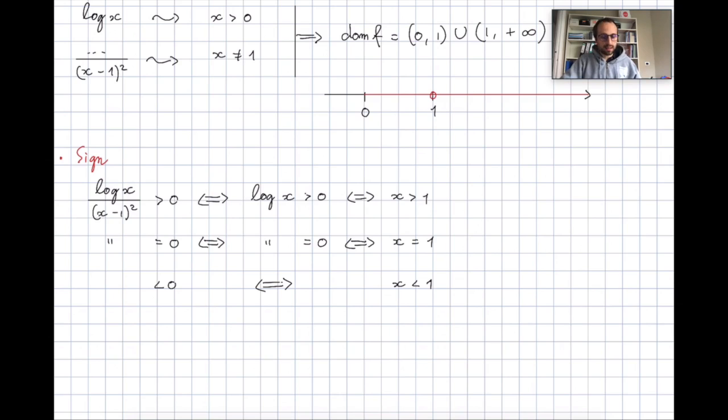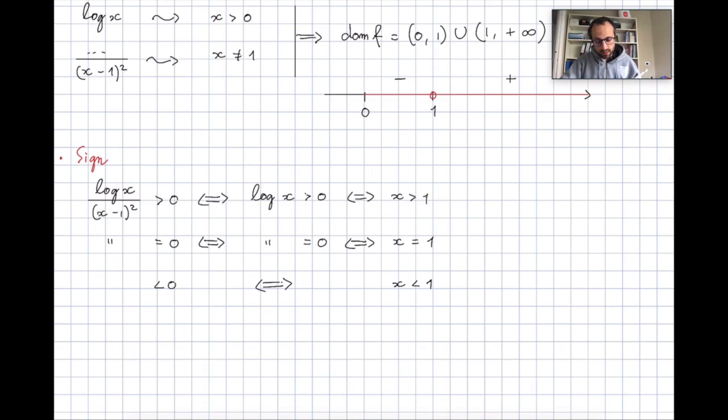So the sign is done. Let's look at the domain that we've drawn before. Here the function is negative, and here it's positive. Now, are we forgetting something? Yes, actually. What about this point?